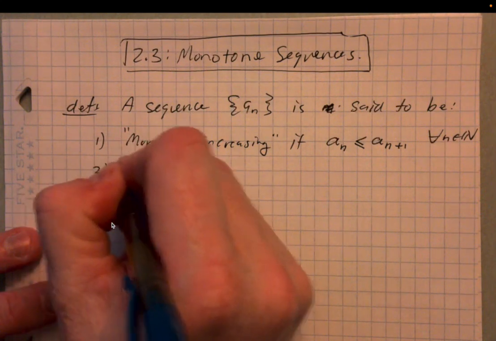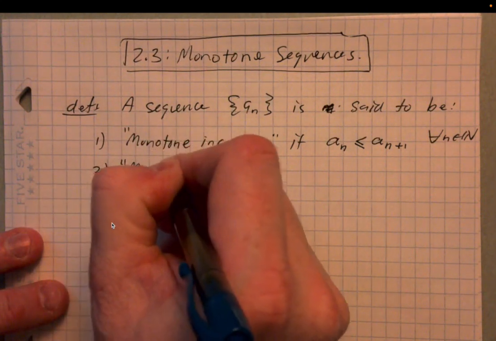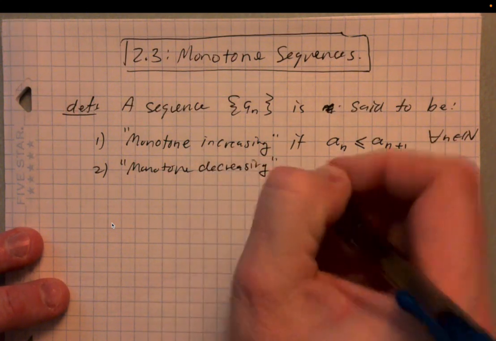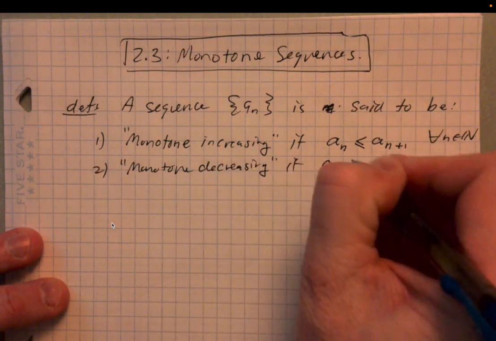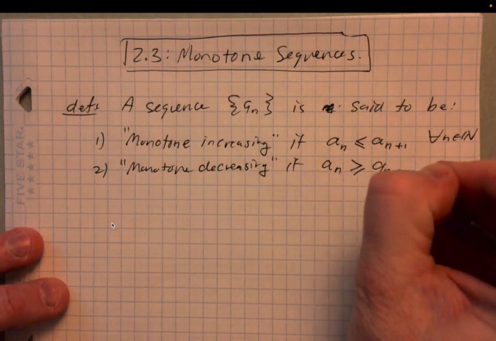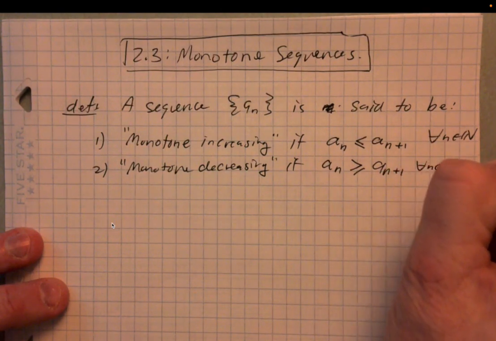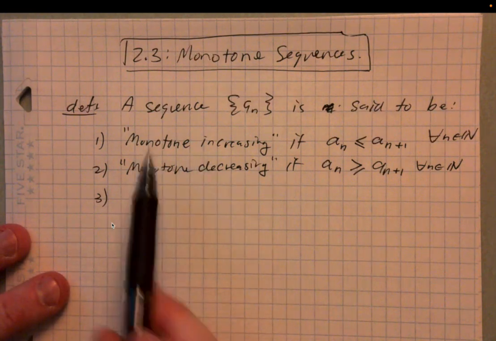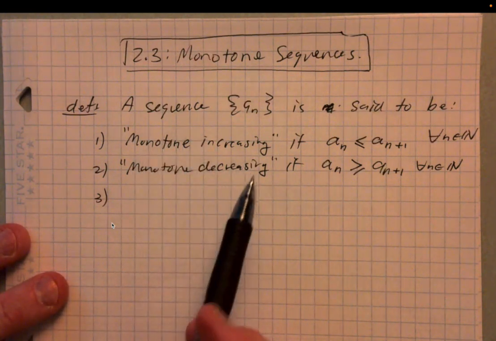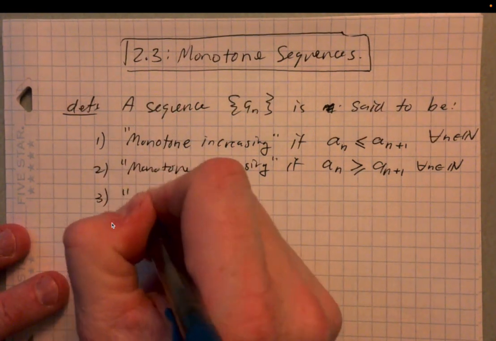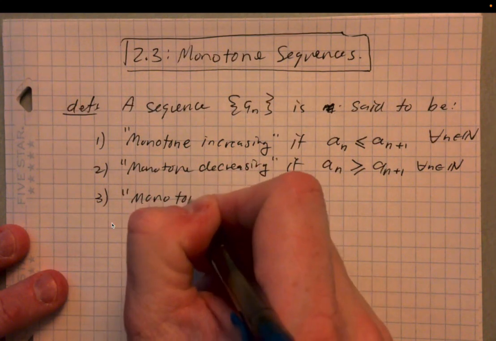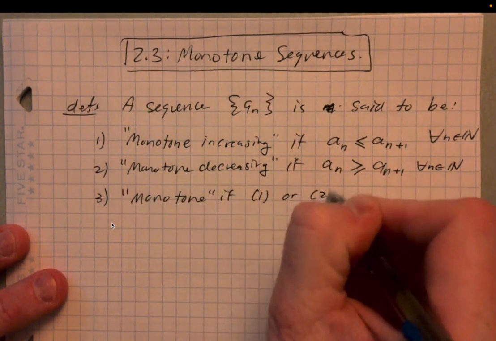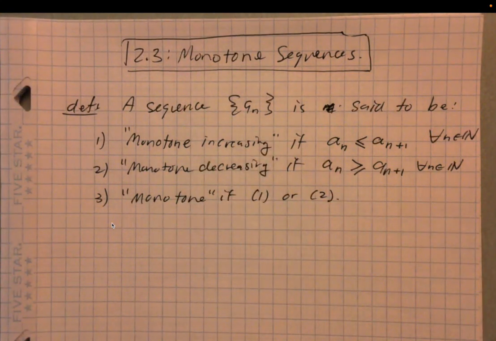We say that it's monotone decreasing if a sub n is greater than or equal to a sub n plus 1 for all natural numbers. And then we have a term for either or, and that's just monotone. We say that it's monotone if it's one or the other, either of those.